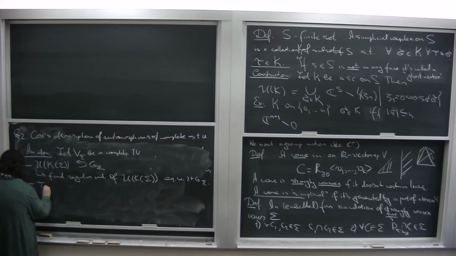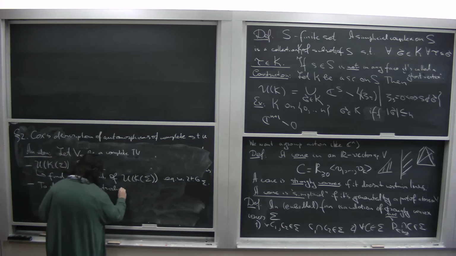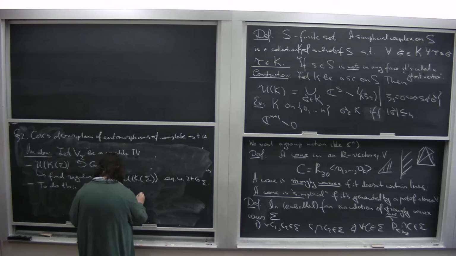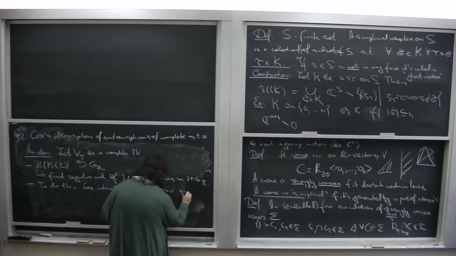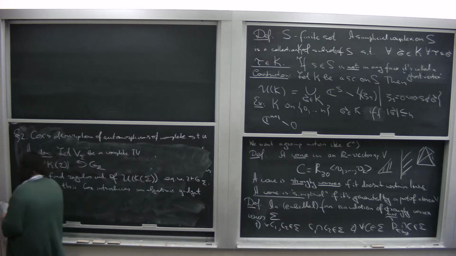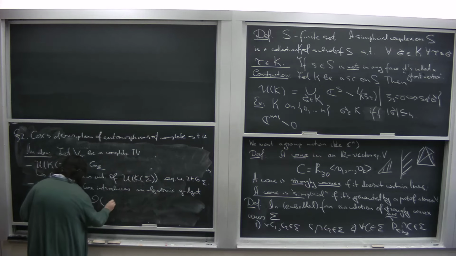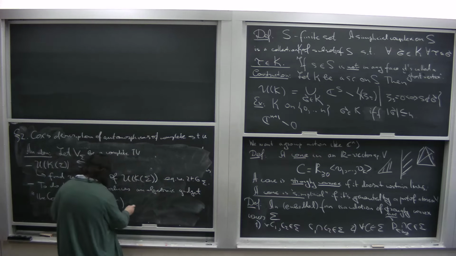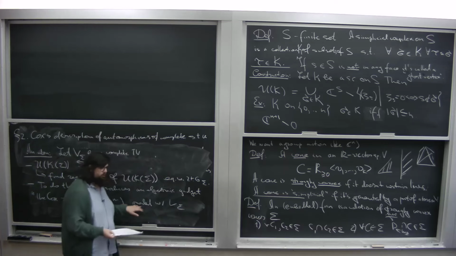So to do this, Cox introduces an algebraic gadget called the Cox ring, which is essentially just the coordinate ring of the affine space graded with L sigma, or like the group of characters of G sigma.